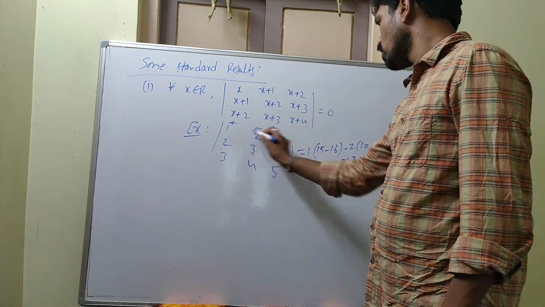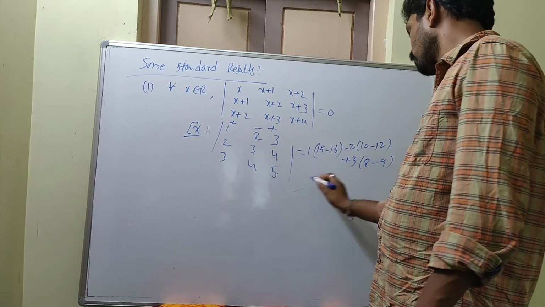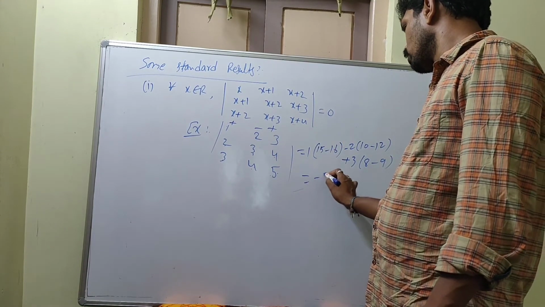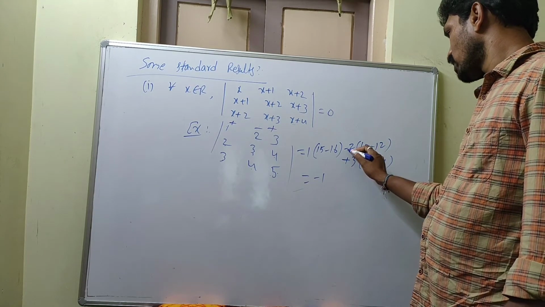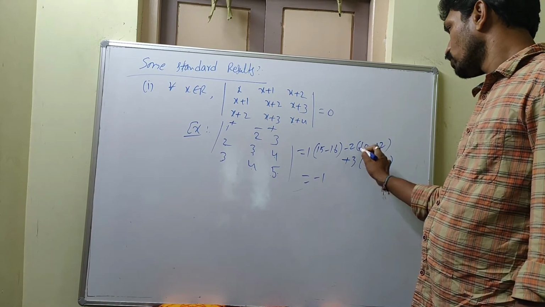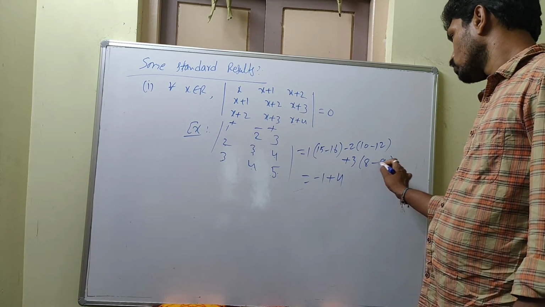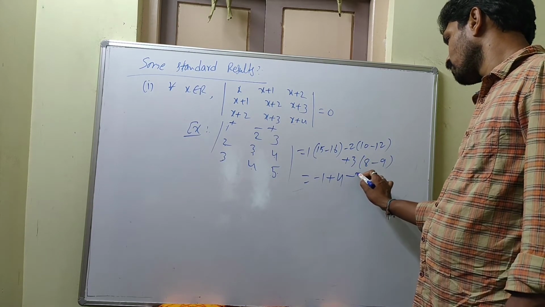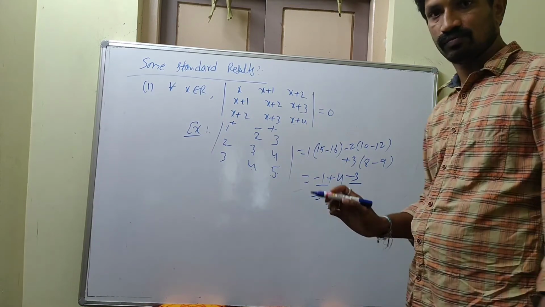Plus 3 into, leaving the row and column passing through 3, 2 4s are 8 minus 9. So 15 minus 16 is minus 1. 10 minus 12 is minus 2, so minus 2 into minus 2 is plus 4. 8 minus 9 is minus 1, so it is minus 3. So minus 1 plus 4 minus 3, that value becomes 0.